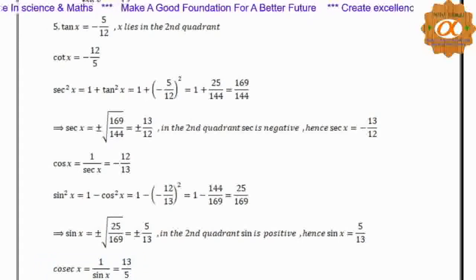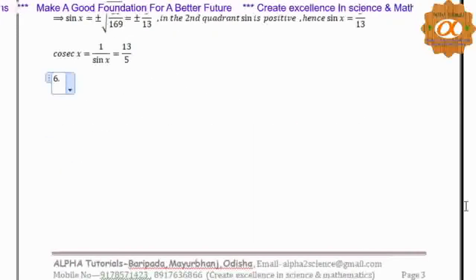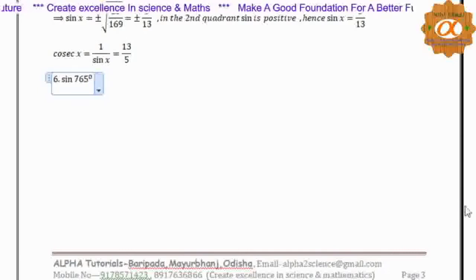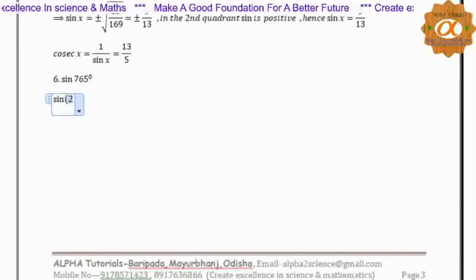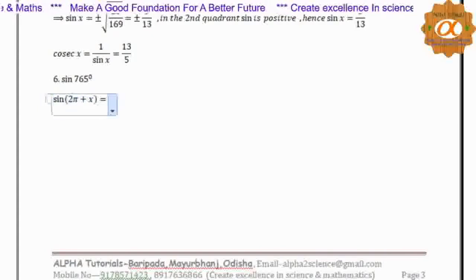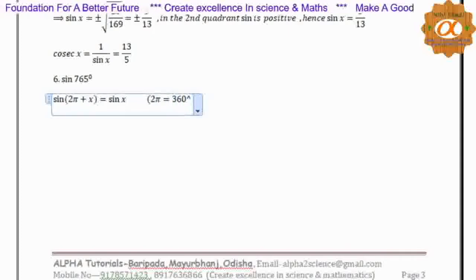Now we go to question number 6. In question number 6, it is given to find out the value of sine 765 degree. Now, we know that sine of 2 pi plus x is actually sin x, and 2 pi actually means 360 degree.